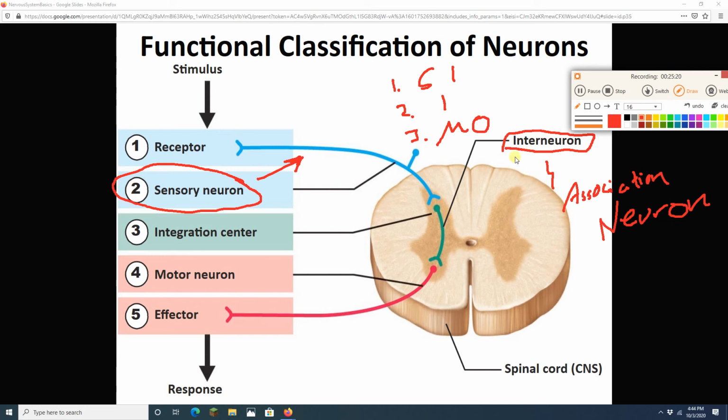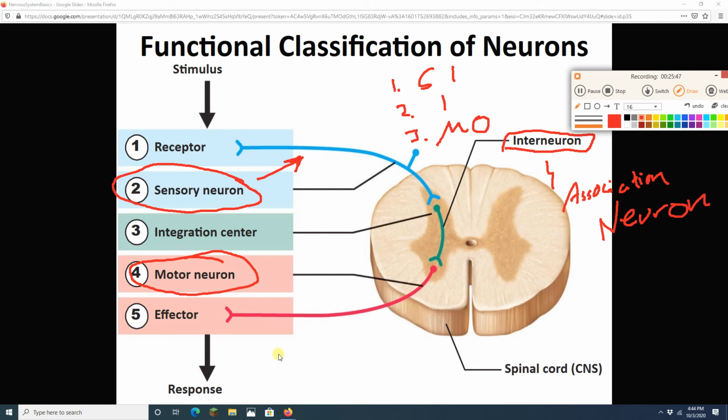I like the word interneuron because notice he is between the sensory neuron and our third guy here, the motor neuron. The motor neuron is, of course, responsible for motor output. Now, both of these guys, my interneuron and my motor neuron, are both multipolars.